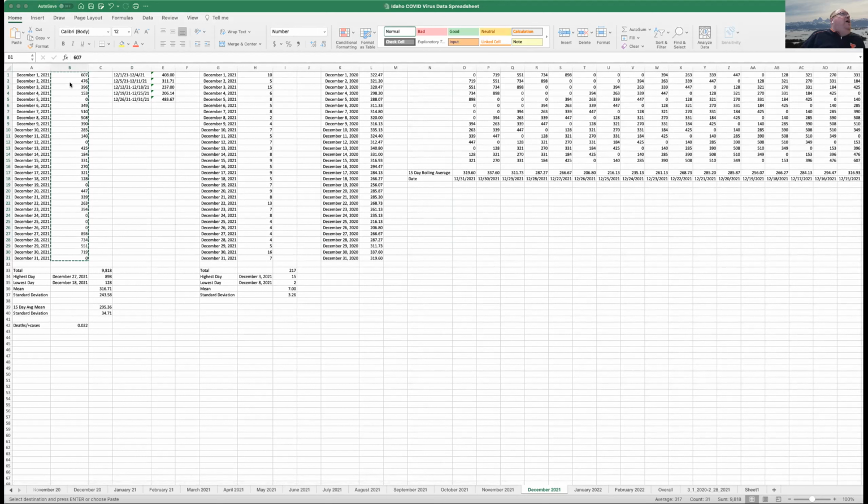Toward the end of the month, with the Omicron variant coming out, the numbers were starting to go up. So then we go into January and got the numbers here. You can see the numbers have gone up significantly. So I'm going to copy this, also take this over to the calculator and paste that in there.